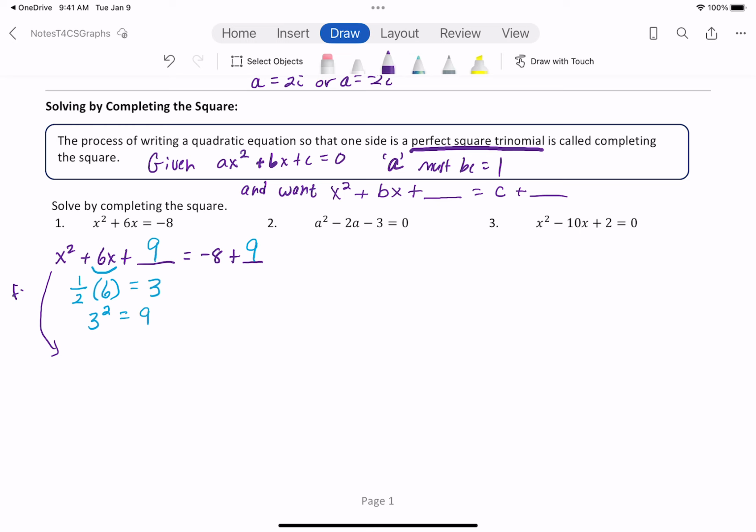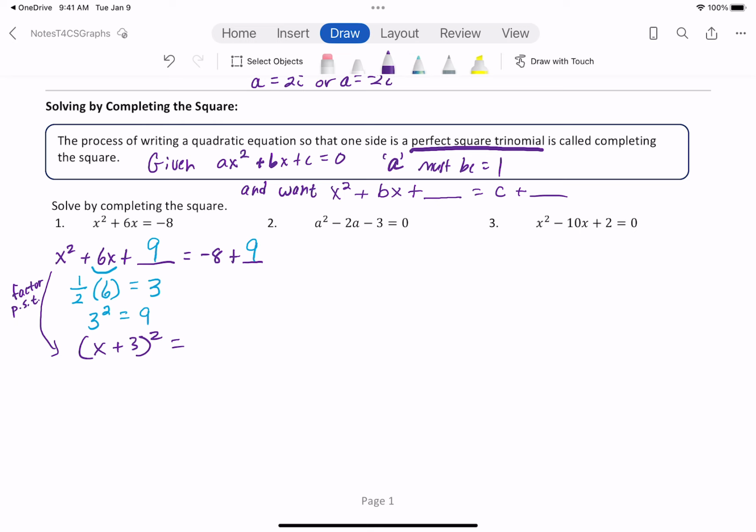We're going to factor the left-hand side, but we're going to factor it knowing that this is a perfect square trinomial. So we know all we have to do is take the square root of the first term as x, the sign between the two variable terms, and the square root of the last term squared.